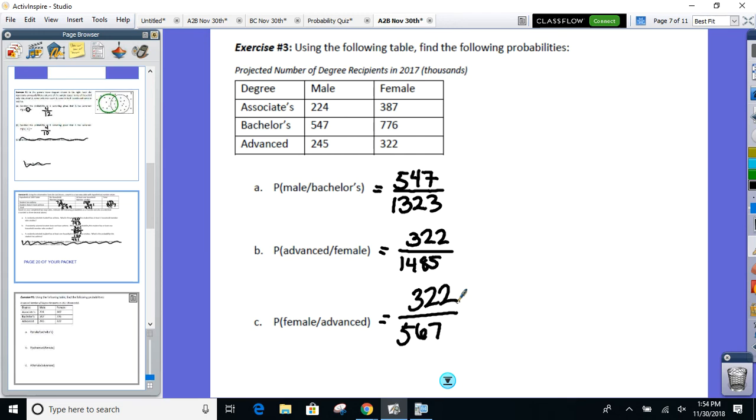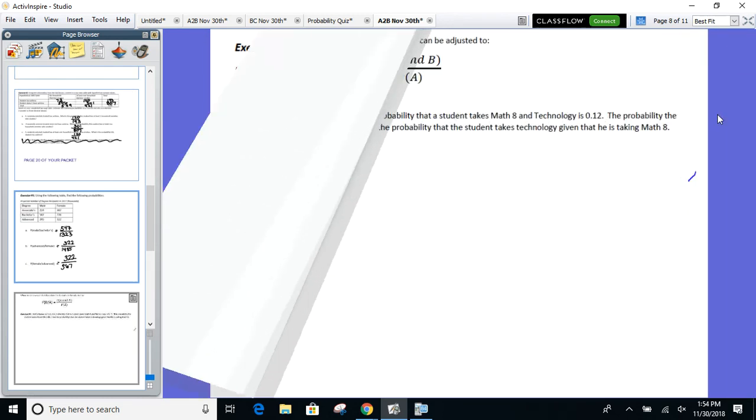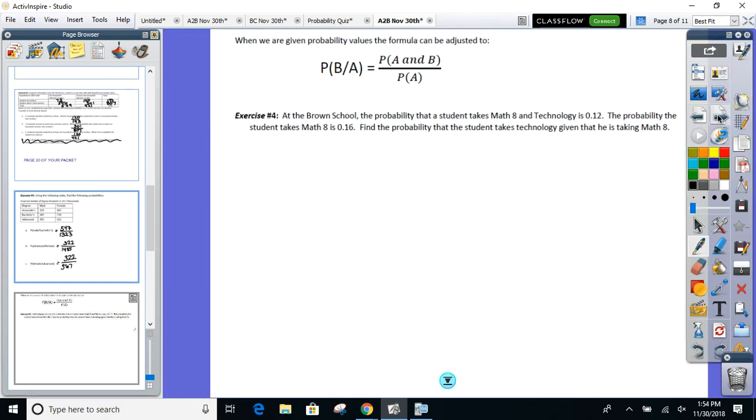I can't just punch numbers in my calculator. All right, take a look. What I mean is totals aren't given anymore.